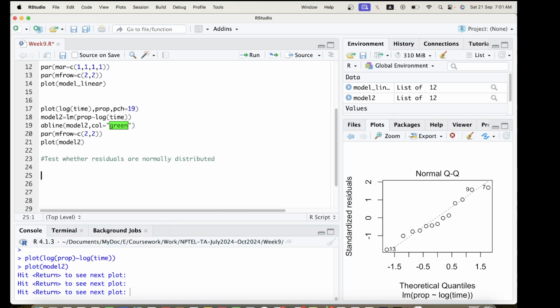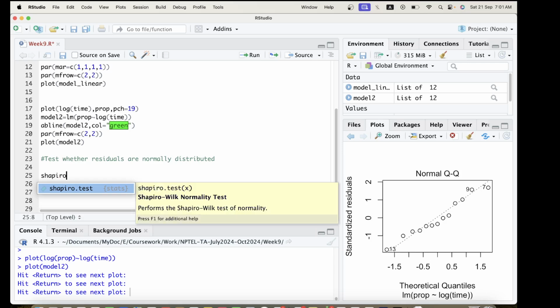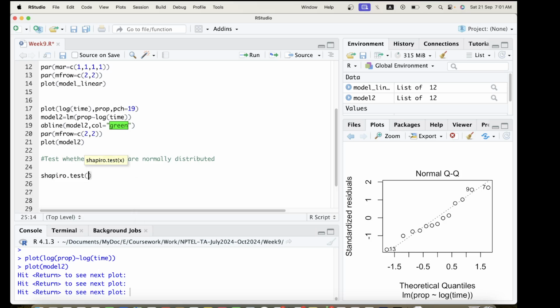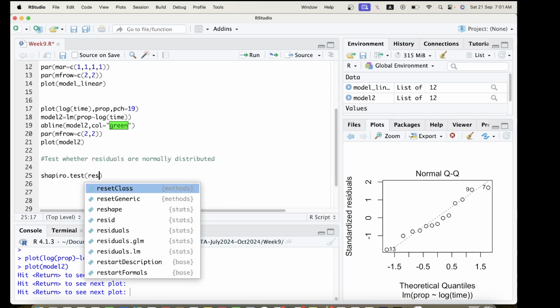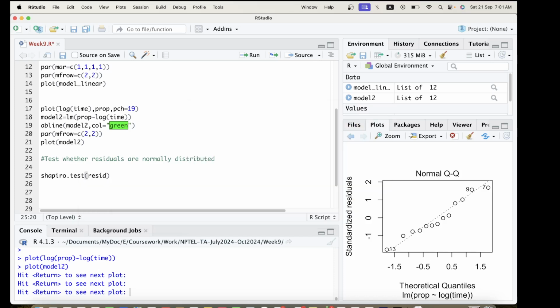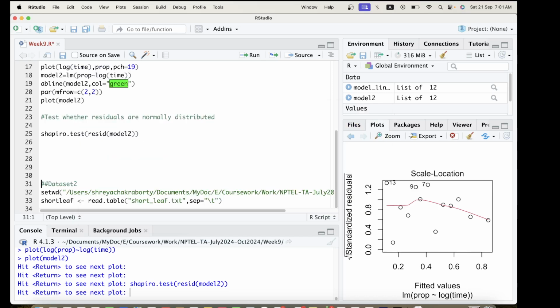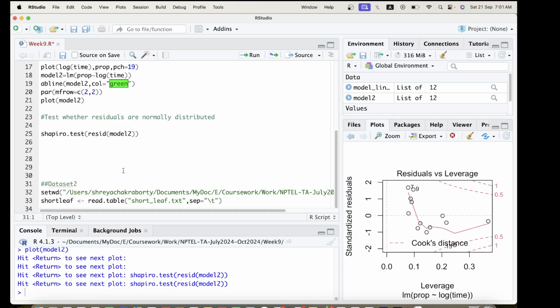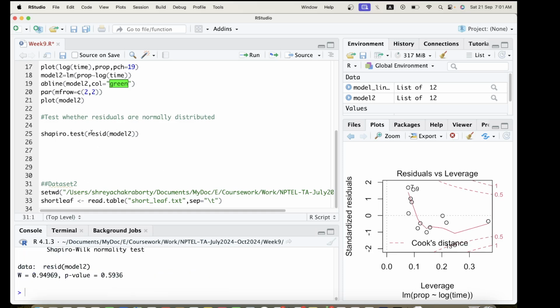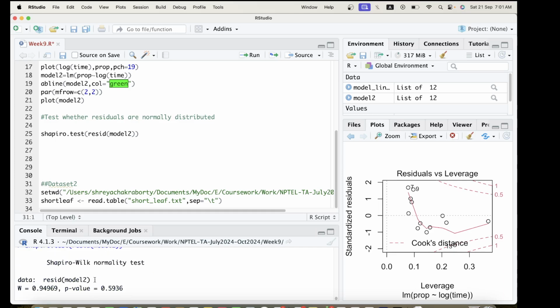We write shapiro.test and we give that residual value, so it would be resid of model 2. And the null hypothesis of the Shapiro-Wilk test is that it is normal.